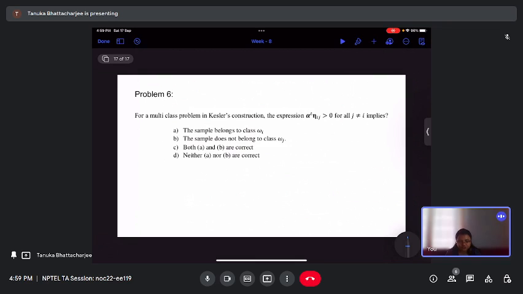So the first option, the sample belongs to class omega i, is correct, and the sample does not belong to class omega j, that is also correct, because that is the way we are doing this Kessler's construction. So both A and B are correct.